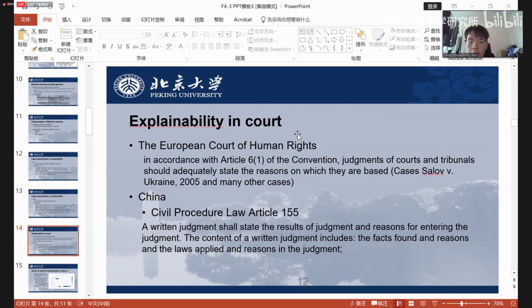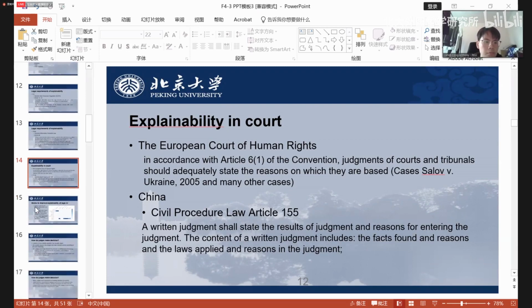And in China, the Civil Procedure Law, Article 155, says that when the judges make a written judgment, the judges shall state the result of the judgment and the reasoning for entering such a decision. It includes the facts, reasons, and law applied in the judgment.